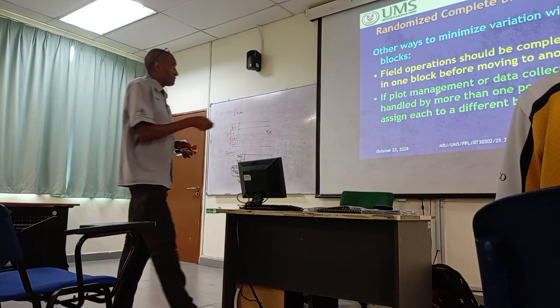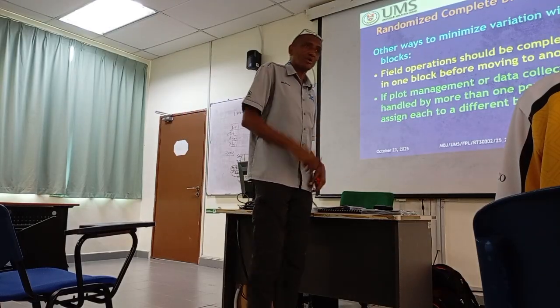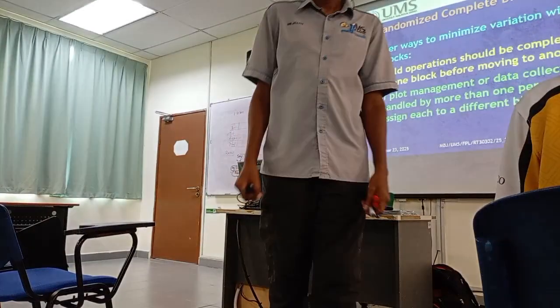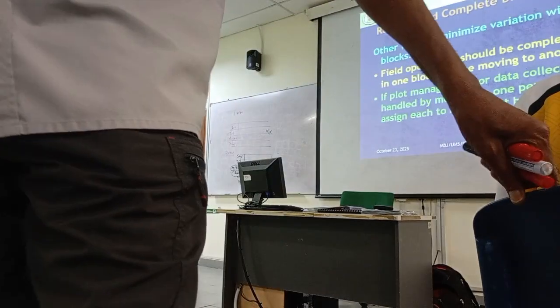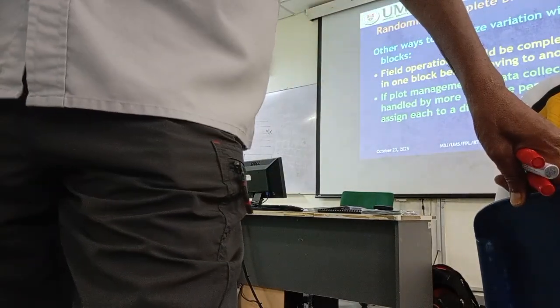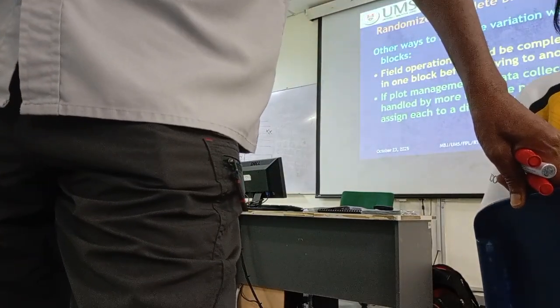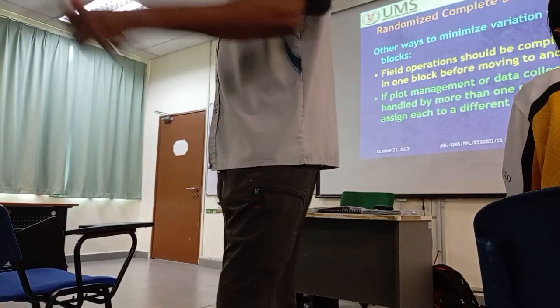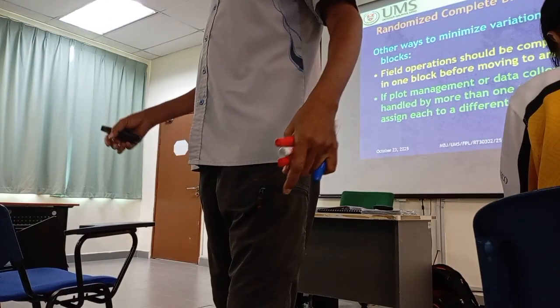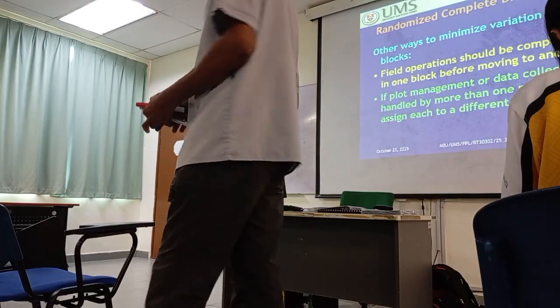And make sure it's the same person collecting data all the time. Don't collect data today and tomorrow ask your friend to do it. Your friend may not care, just write any answer.